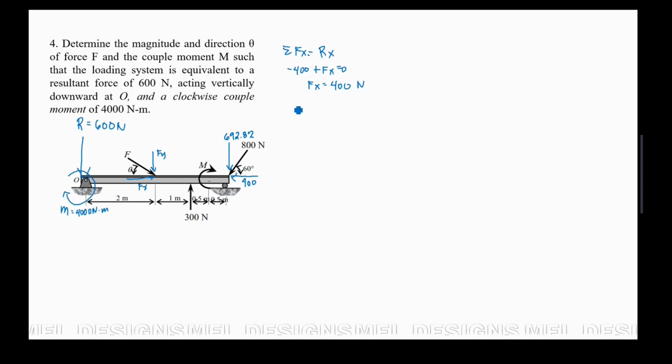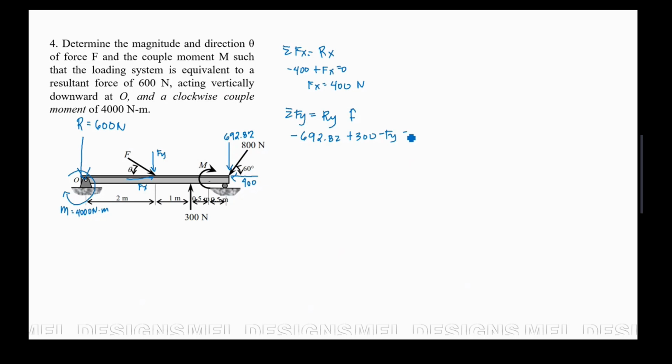And then for our y-axis, we have the summation of forces along y. That will now be our resultant y. So we have here negative 692.82. All forces upward are positive. Then we have down here, plus 300 minus Fy.